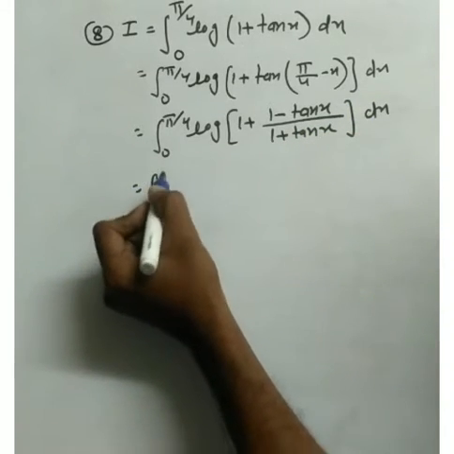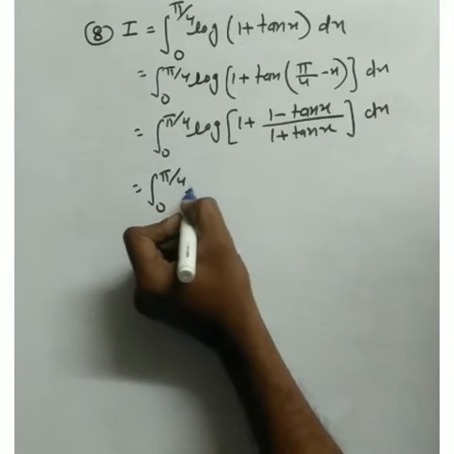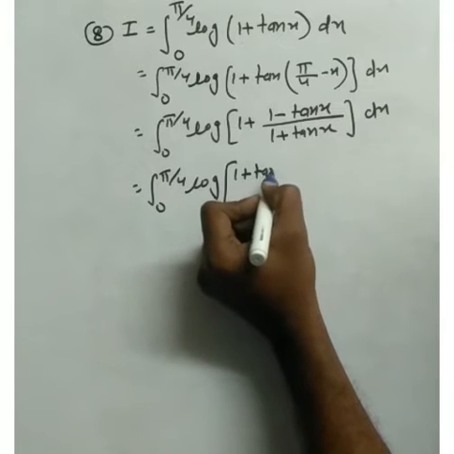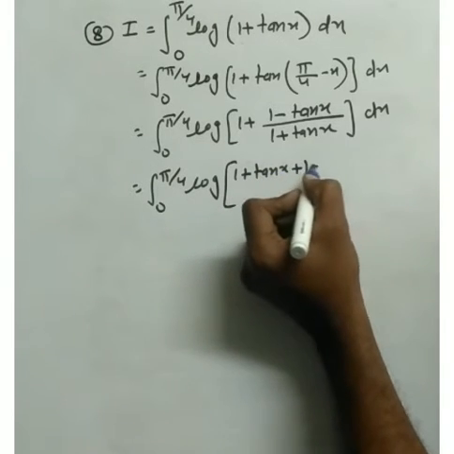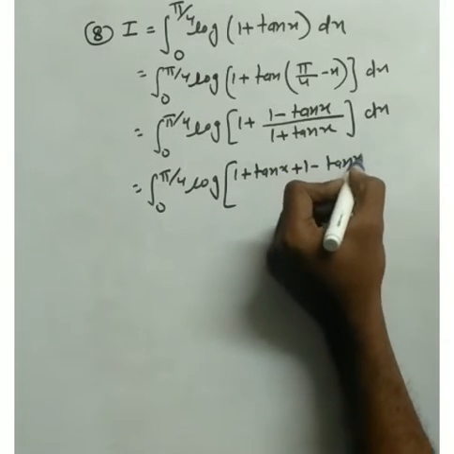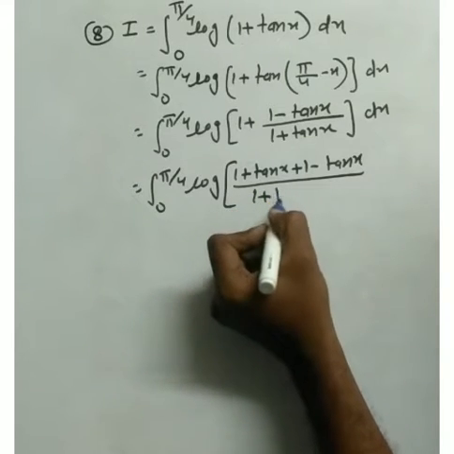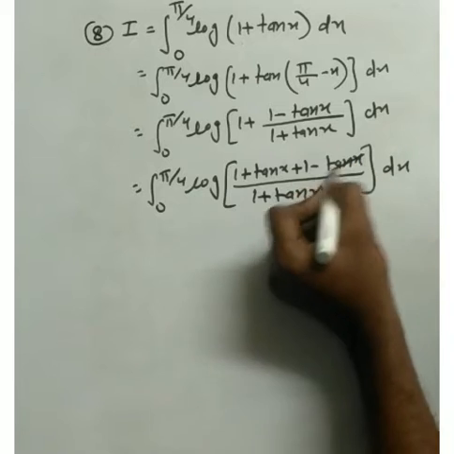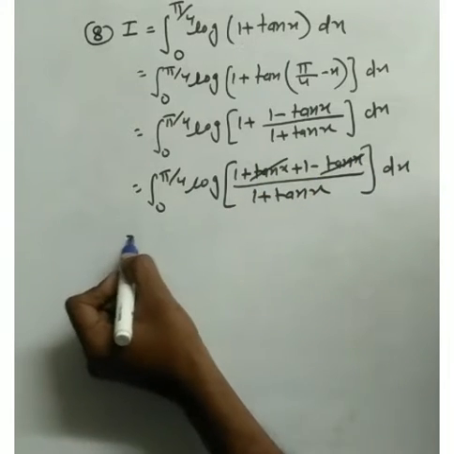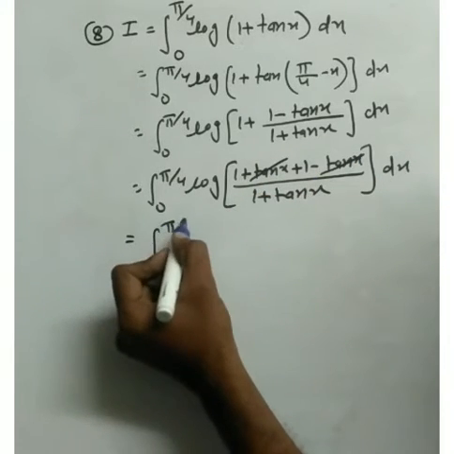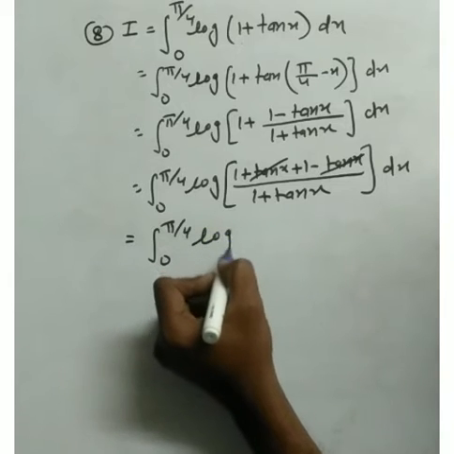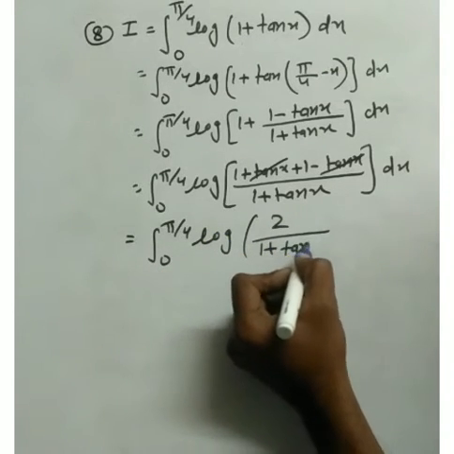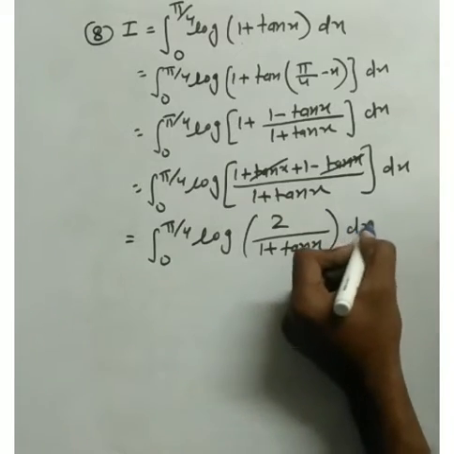This is integral from 0 to pi by 4 of log of 1 plus tan x plus 1 minus tan x upon 1 plus tan x, and dx. Here tan x and tan x cancel. Integral from 0 to pi by 4 of log of 2 upon 1 plus tan x, and dx.